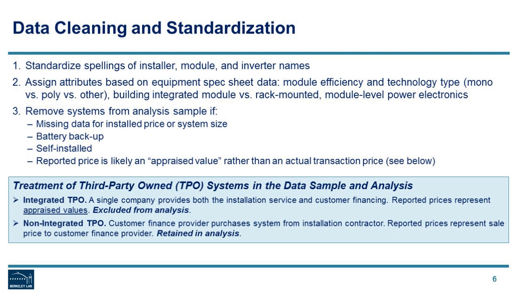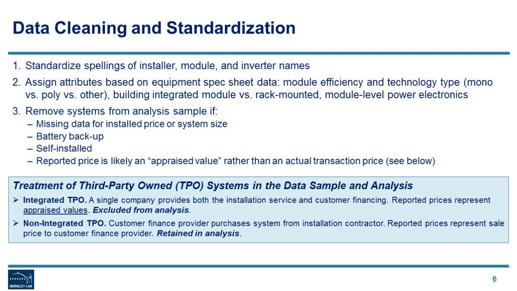We spend a lot of time on this project cleaning up the data and standardizing it. I won't bore you with all of those details here, but I will just highlight in particular our treatment of third-party owned systems, as I alluded to on the previous slide. The key distinction here is between integrated and non-integrated TPO providers. Integrated providers are where you've got a single company that provides both the installation service and the customer financing.